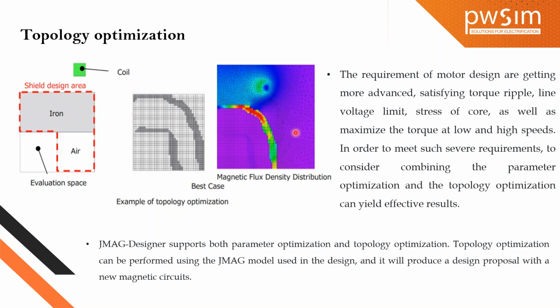In the iron region it is more, and in the air it is very little. Based on this, this area has been modified in this shape. Later, you can fine tune that area to get the best design. So this is just a small example of how the topology optimization will function in JMAG Designer.